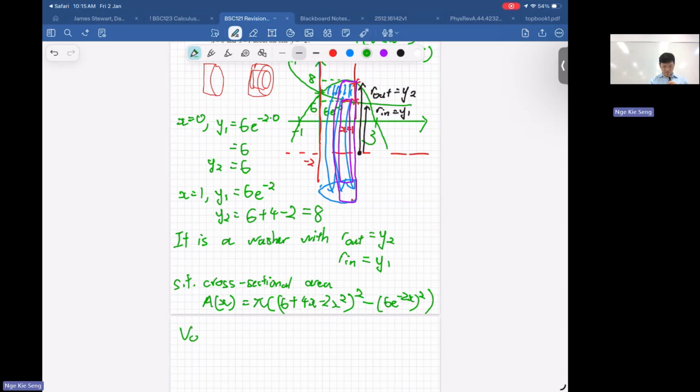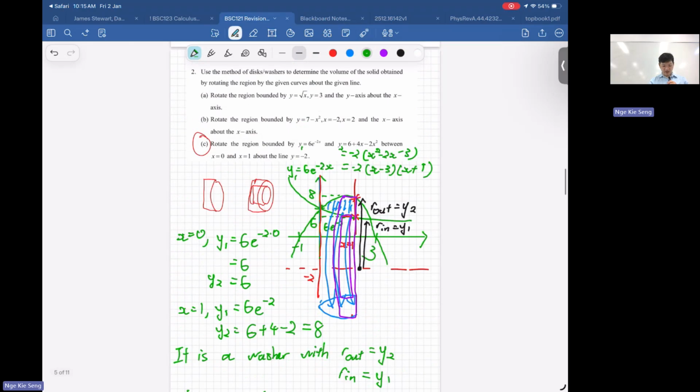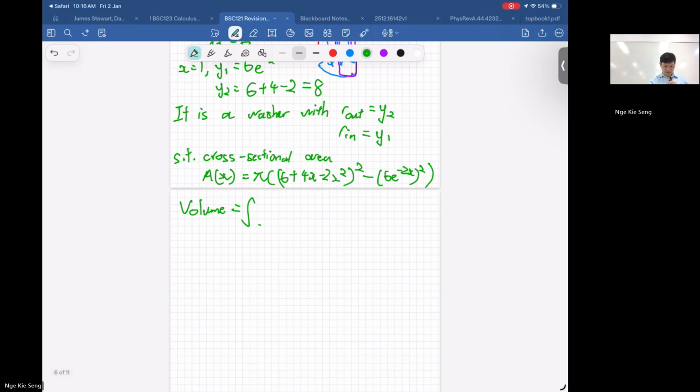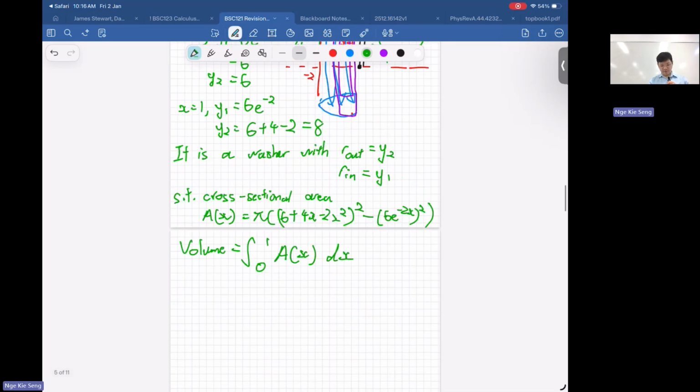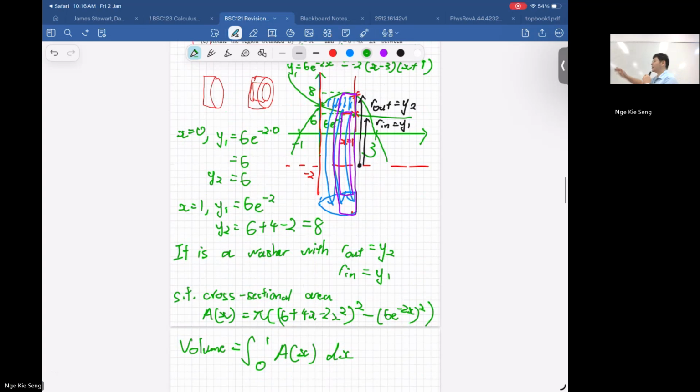So volume will be integrating from where to where, looking at the question here? From x equals 0 to x equals 1. So from 0 to 1 of this area, dx. I didn't compute the area, but do you know how to continue from here?